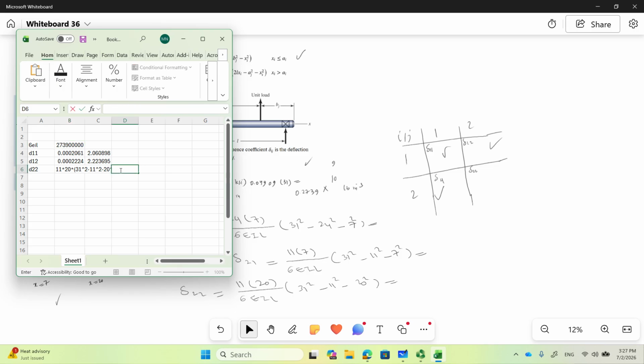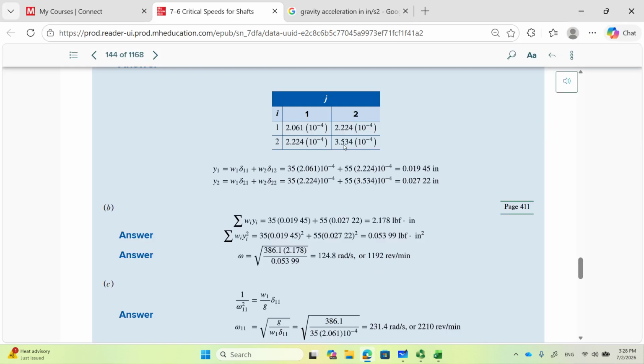Oh, yeah, I forgot to put the equal sign here. Okay, so divided by this guy. So this is it, and then you have to multiply this guy by 10,000 again. So 3.534. 3.534, this is it, right?